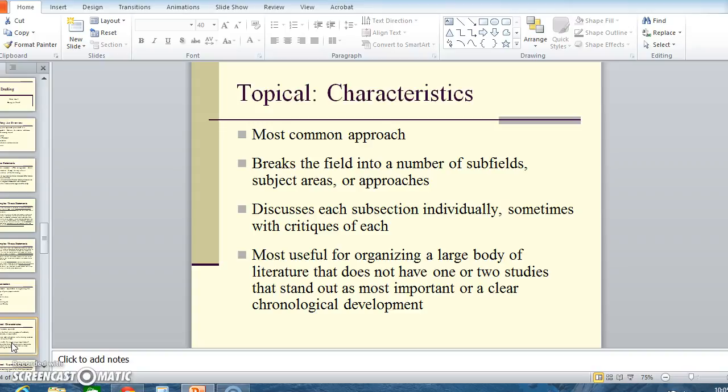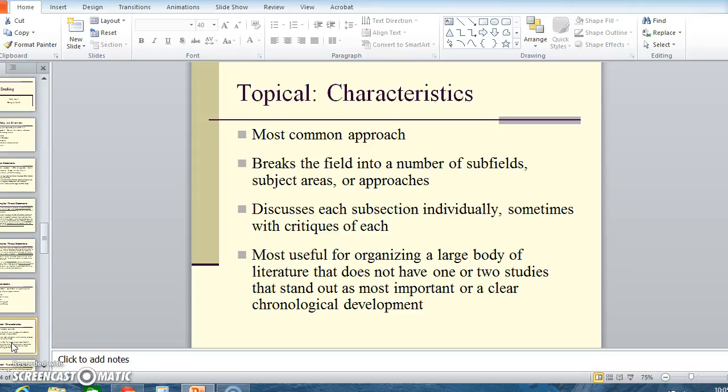It often discusses each subsection individually, sometimes with critiques of each different subtopic and why it is or is not important to the larger research topic. And that's very useful as well if you're thinking of doing headings and subheadings for your literature review. So your literature review would have this main heading, literature review, but underneath you could have subheadings that reference each subtopic that you've decided to focus upon.